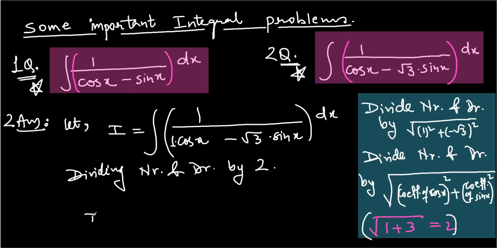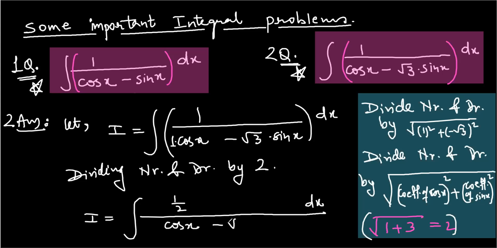So I will get I equals 1 upon 2 dx, and here I have cos x minus root 3 sin x, the whole thing divided by 2. Okay, so the next step, what I will get? The 1 by 2 will come out, and once again I have 1 dx.